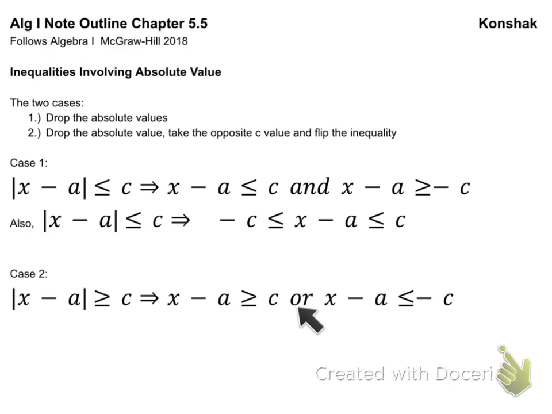This time you're going to put an or because they're going to go away from each other. x minus a, drop the absolute value again. Make it the opposite of c, flip the inequality. So in both cases, dropping the absolute values is half of it. The other half is drop the absolute value, take the opposite of c, flip the inequality. You do that, you're not going to have a problem.